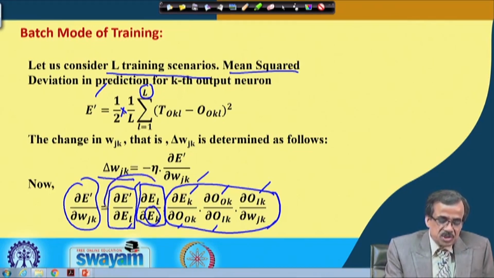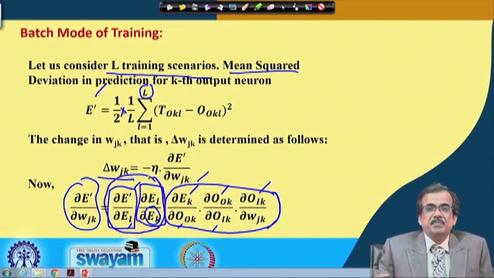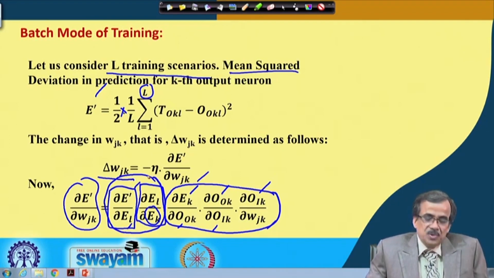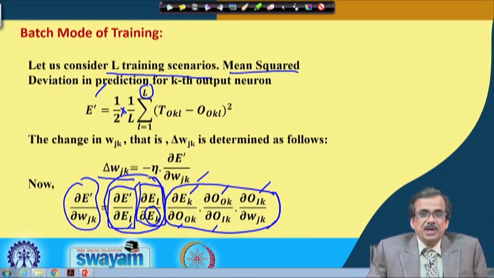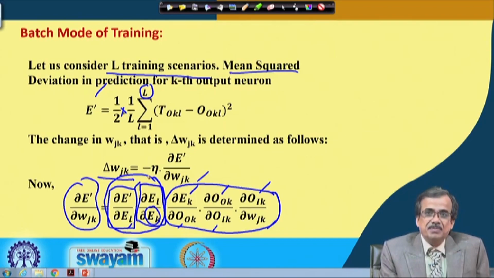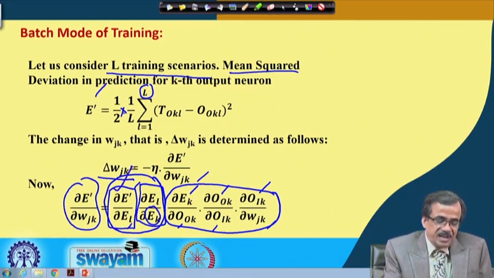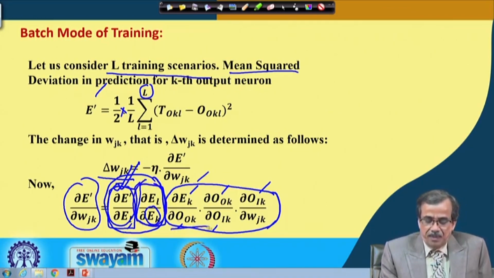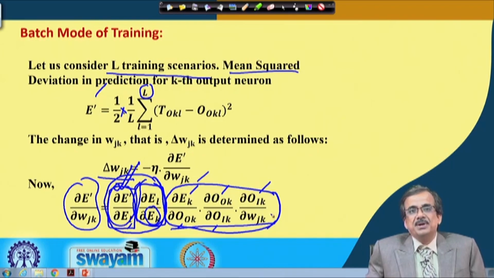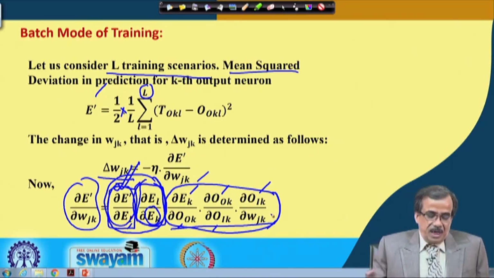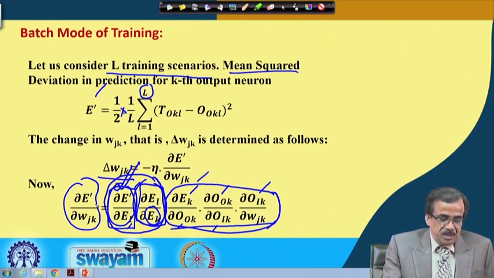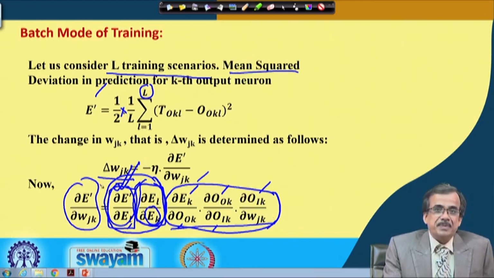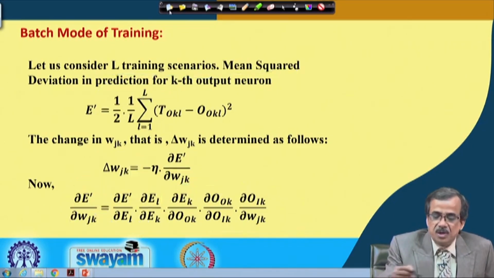These two partial derivatives are used just to tell you that we will have to sum all such things up, but you may not get a direct numerical value for the first and second terms. But from the third up to the fifth term, you will get numerical values. This is the way you will have to find the partial derivative of E prime with respect to W_jk.